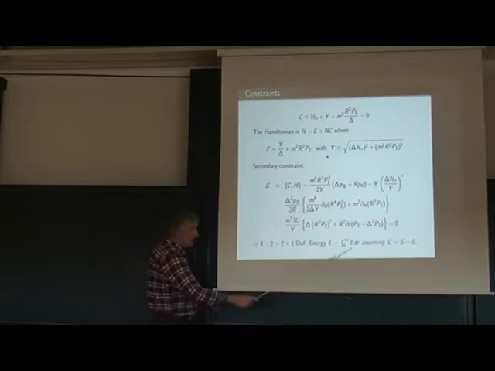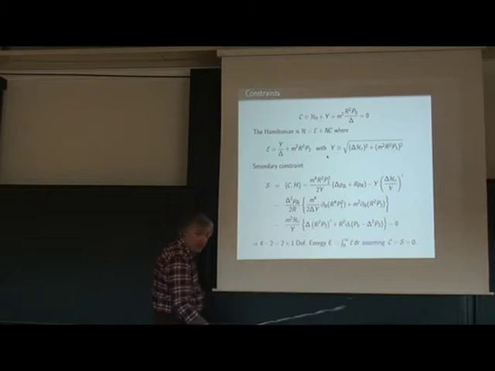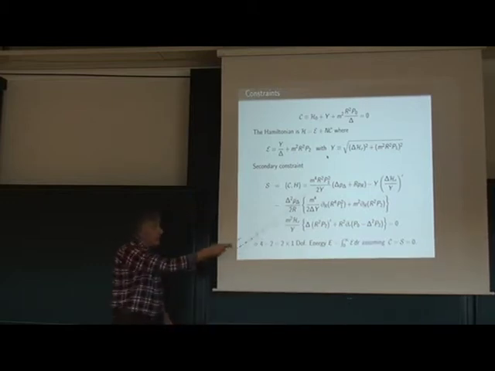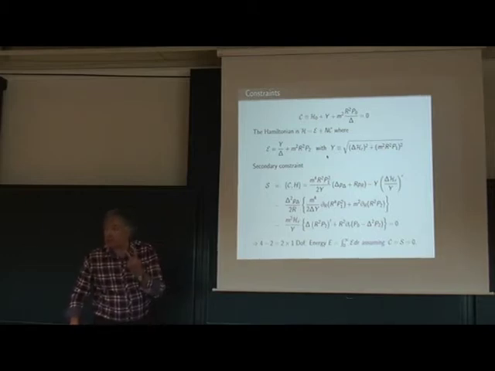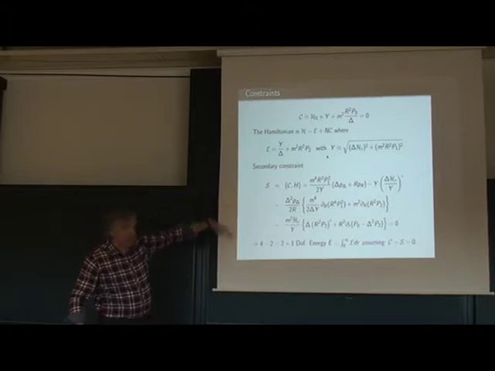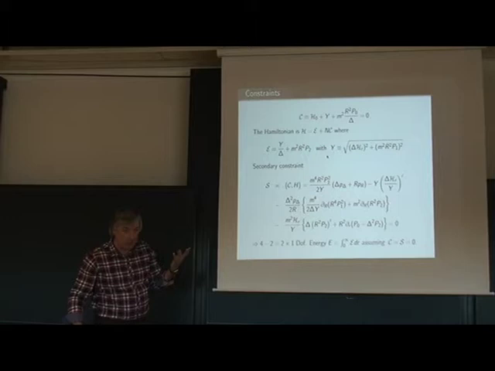Then the energy is just the integral of this, assuming that the constraints are fulfilled. And so now what is to resolve? These constraints are ordinary differential equations, quite nonlinear but ordinary. So these are differential conditions for 4 variables, and one has to solve them in some way.